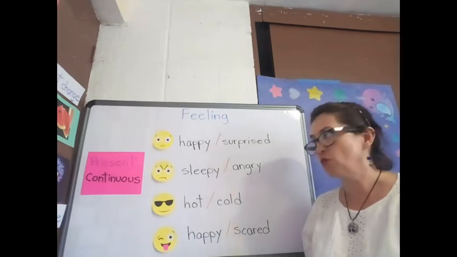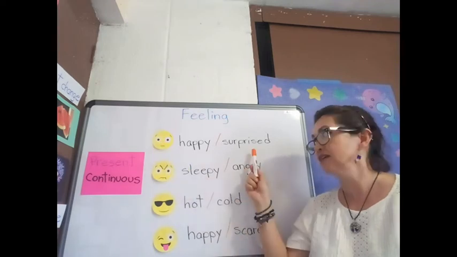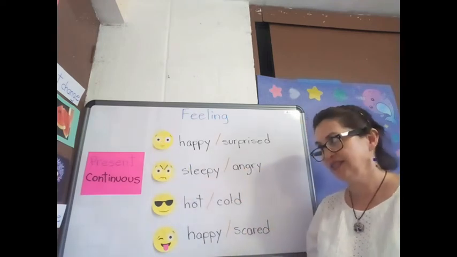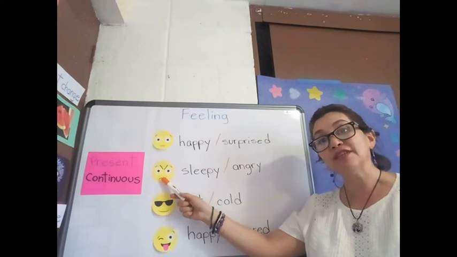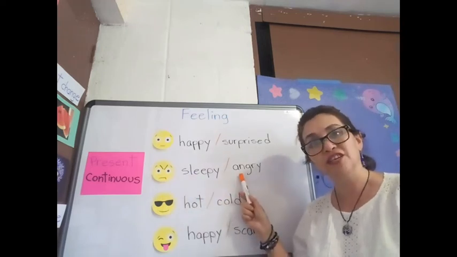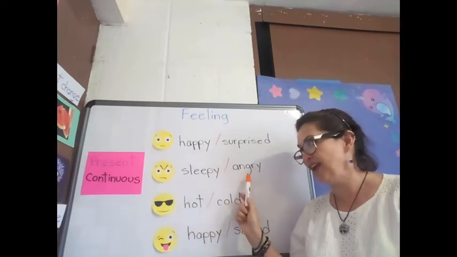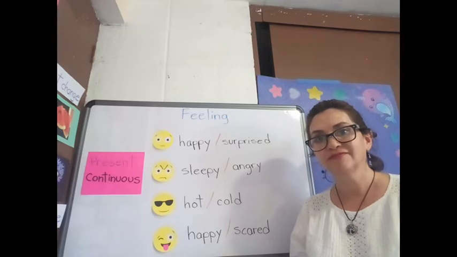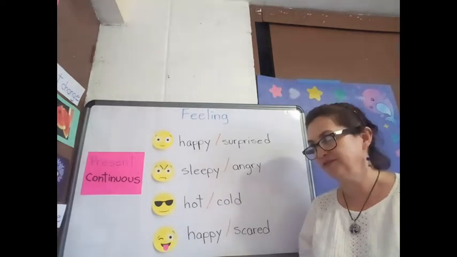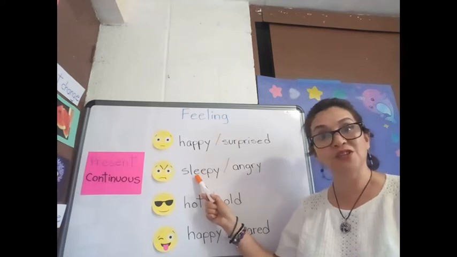If your answer was surprised, you are correct. He is feeling surprised. Now the second example, is he feeling sleepy or is he feeling angry? Sleepy or angry? What is your answer? If your answer was sleepy, sorry, it's not correct.